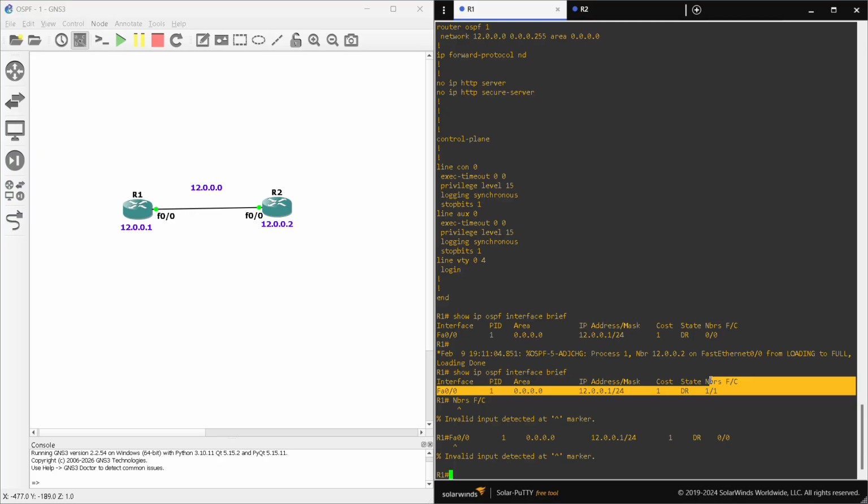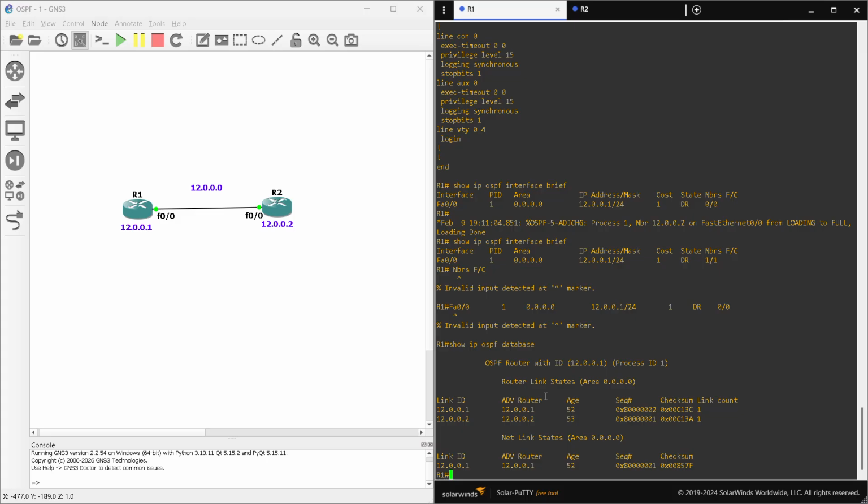Right. Now let me go and see the database for our R1. So for that I'll say show IP OSPF database.